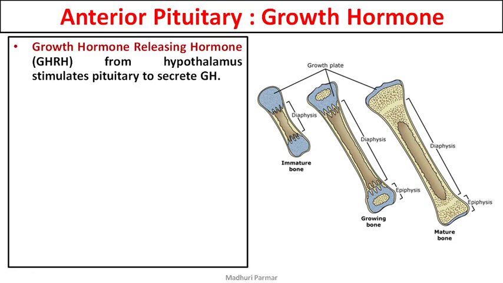As I had told you, we will not be discussing the hypothalamus separately, but with each of the pituitary hormones, wherever it is connected, we will be talking about the pituitary hypothalamic hormone. So here the hormone from the hypothalamus is growth hormone releasing hormone, GHRH.